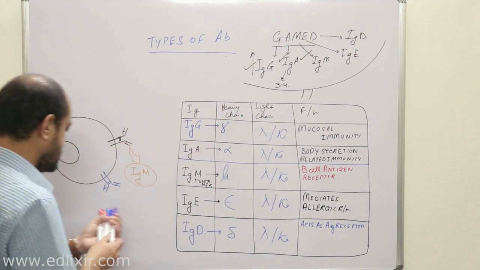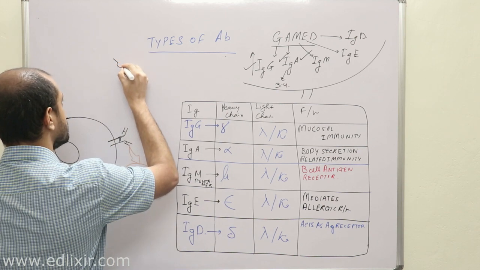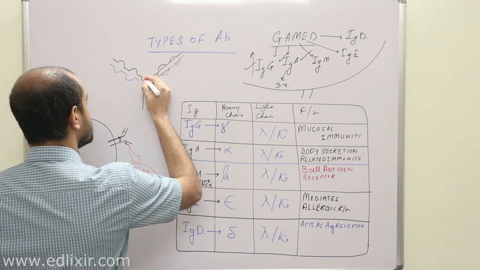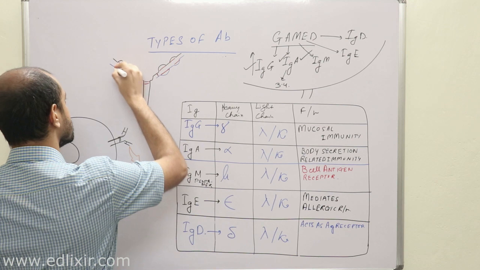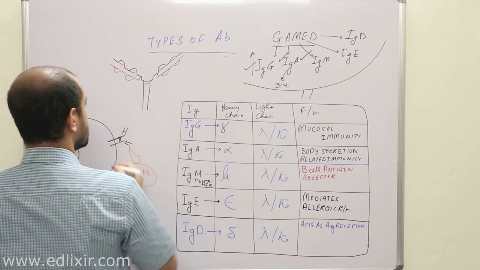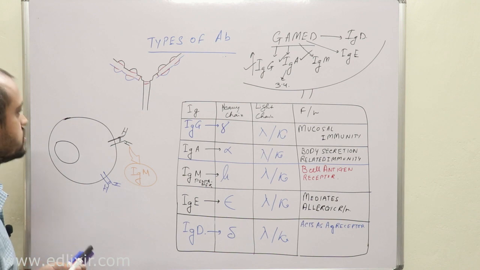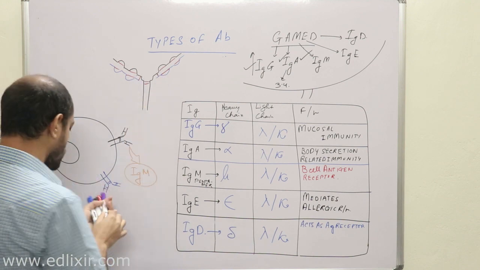Suppose this is our antigen. You know that very well. Now listen with all your attention. These blue colored ones are our light chains, right?